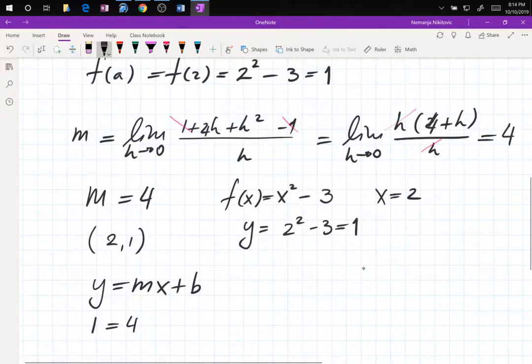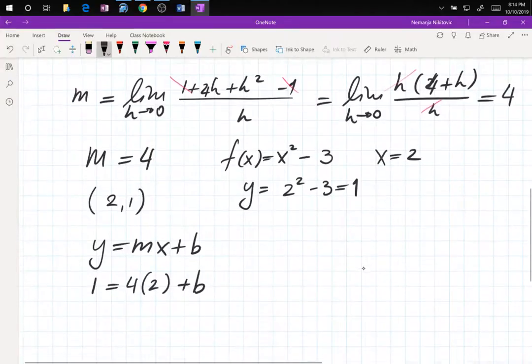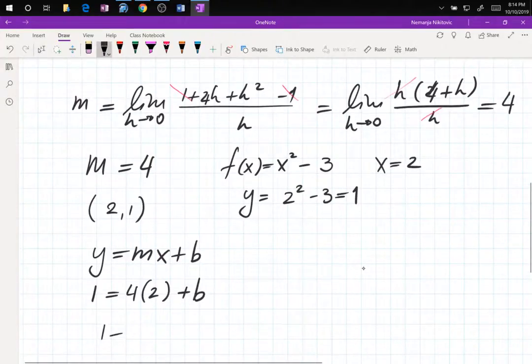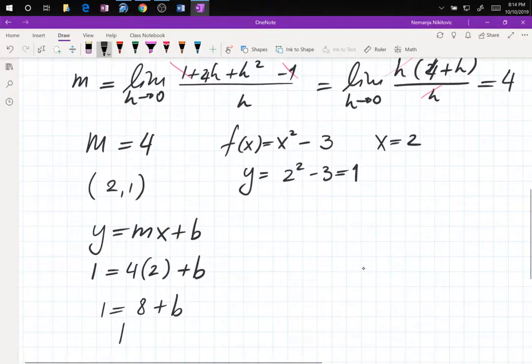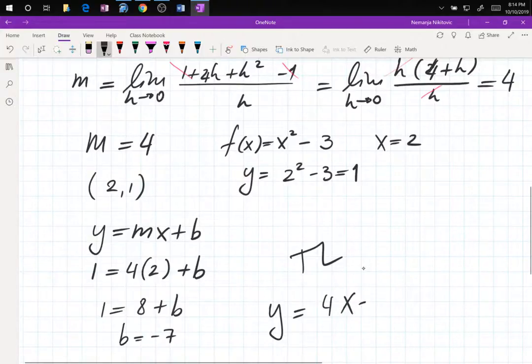Plug in m, which is 4. Plug in x, which is 2, plus b. And that is going to be 1 equals 8 plus b. b equals negative 7. It's just basic algebra to find the equation of the line if you have a point and a slope. Just plug in. And we have our tangent line: y equals 4x minus 7.